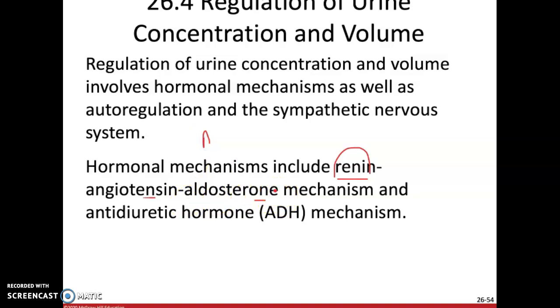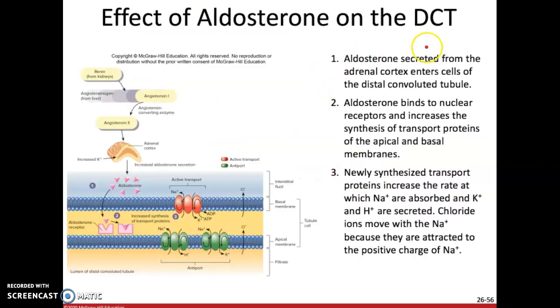If you remember, that's a hormone, a mineralocorticoid, which is going to be able to change the concentration of sodium and potassium. Actually, as you can see here, the main effect of aldosterone is going to be over the distal convoluted tubule, and it's going to be increasing the sodium reabsorption and the potassium and hydrogen secretion.